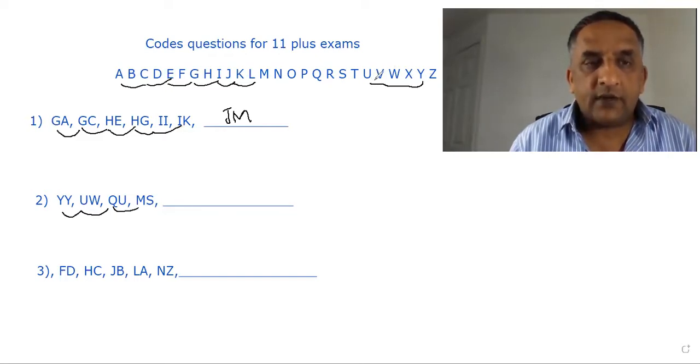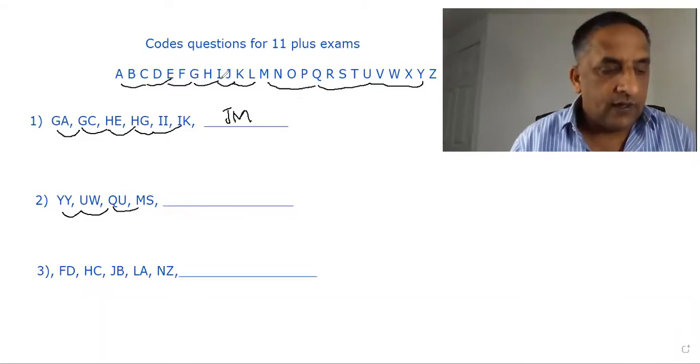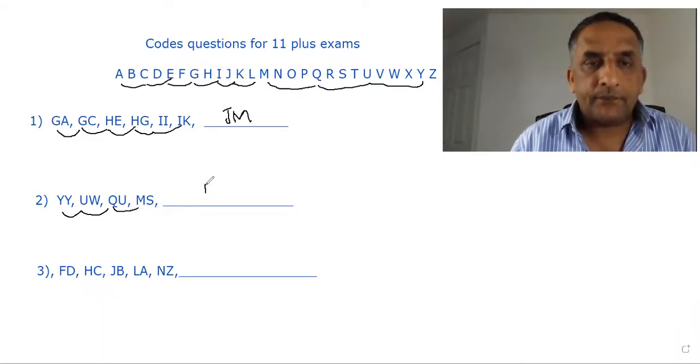Four letters backward. U to Q, one, two, three, four. Four letters backward. Q to M is one, two, three, four. Four letters backward. So obviously the next one will be four letters backward. One, two, three, four. So it will be I. So the first letter in this sequence is I.